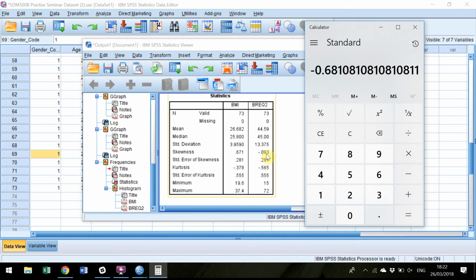What we're really interested in is what happens to the BREC, though, because they're the two values that we've removed. 0.093, which is a minus, well, it doesn't really matter because we're dividing. 0.281 is normal, and 0.565 over 0.555 is normal.